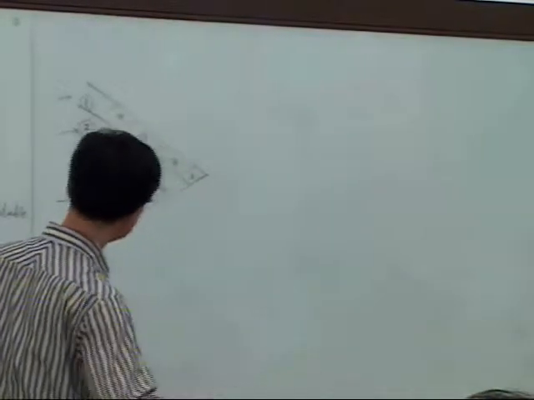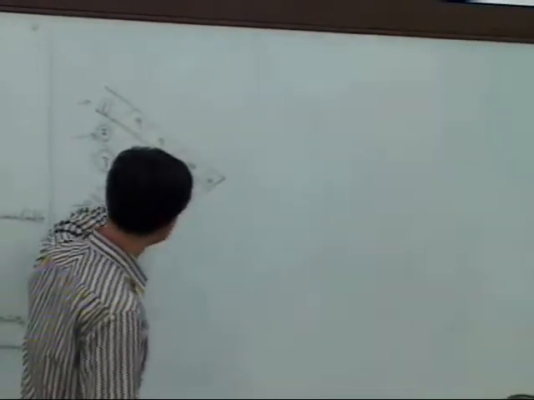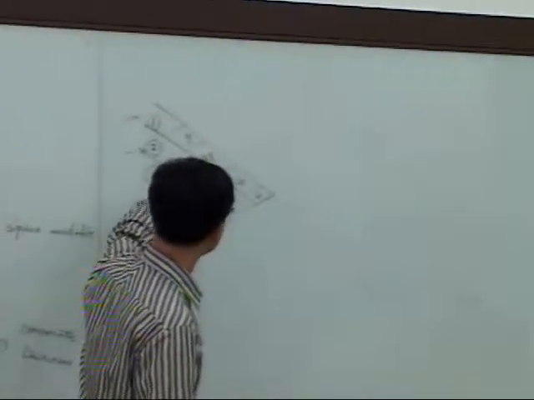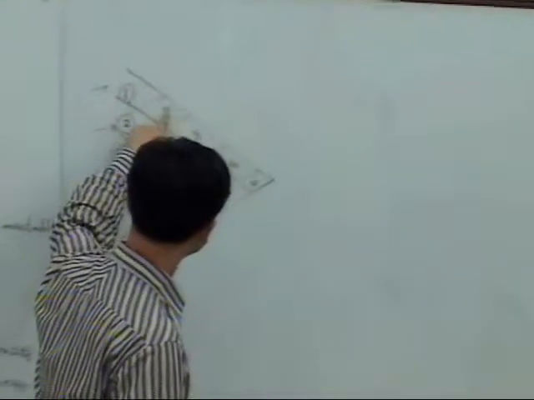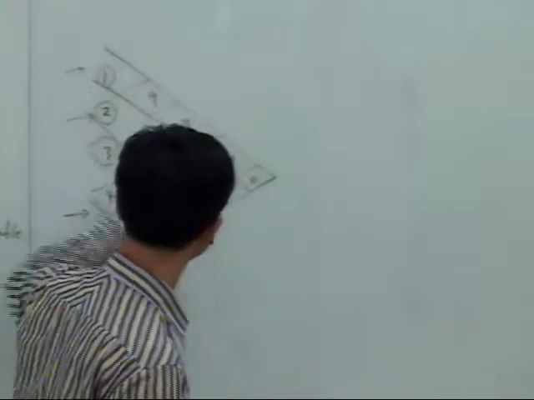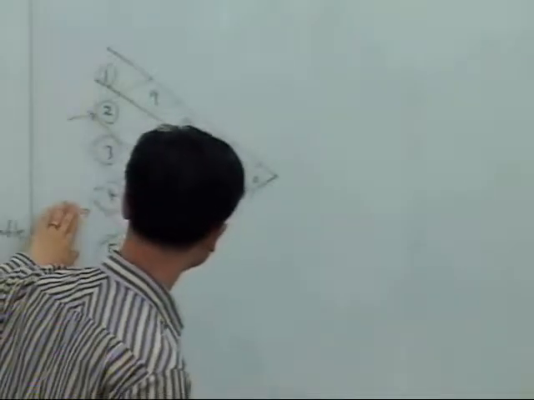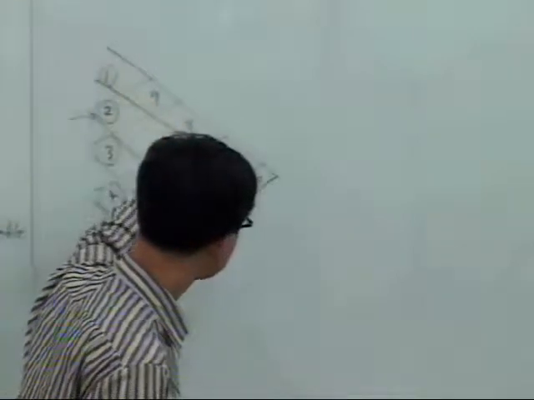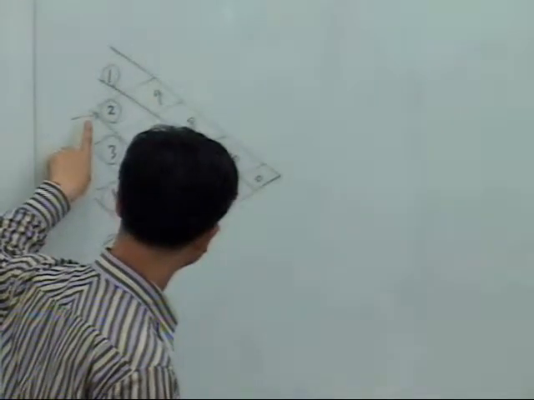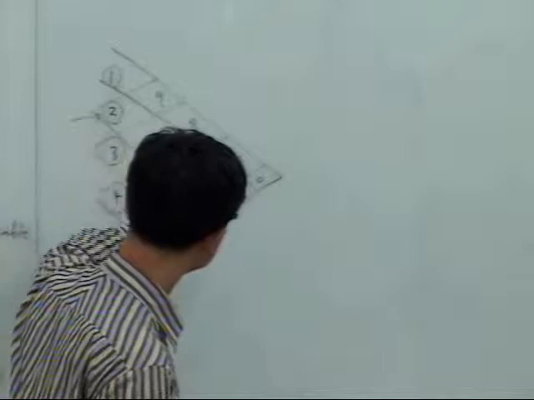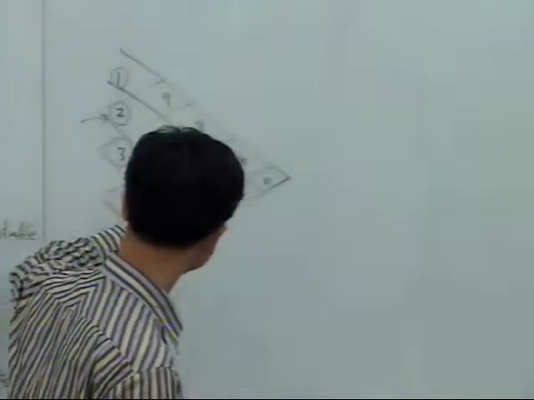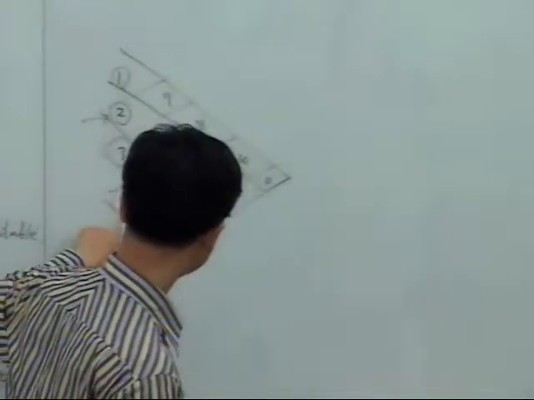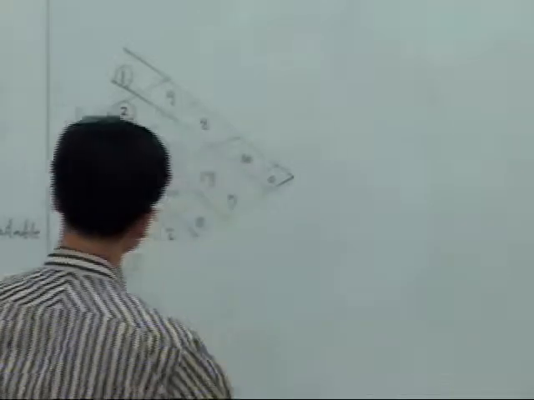So different 4. 1, 2, 3, 4. Sorry. 1 has 1, 2, 3. 2 has 1, 2, 3, 4. 3 has 1, 2, 3. 4 has 1, 2, 3, 4. So 2 and 4. Right?